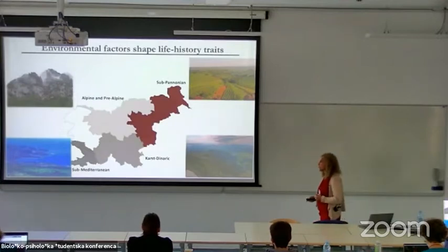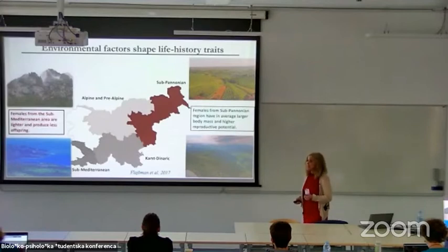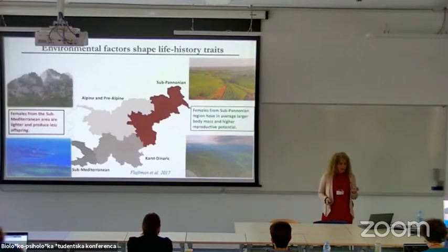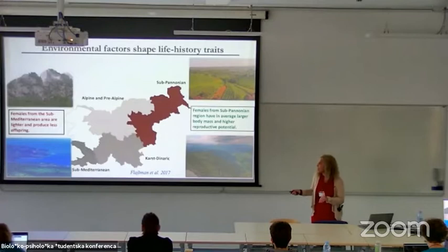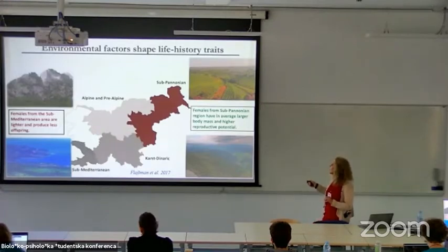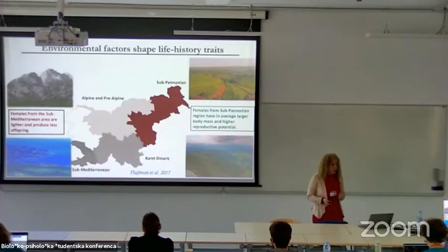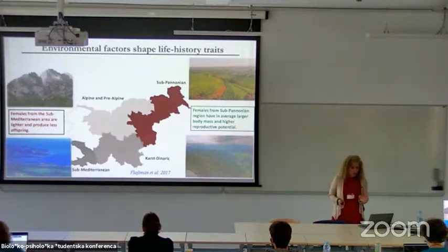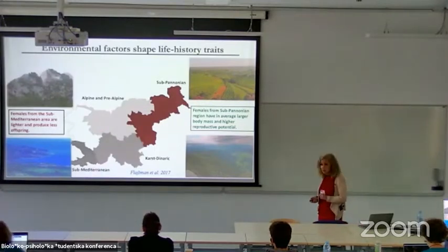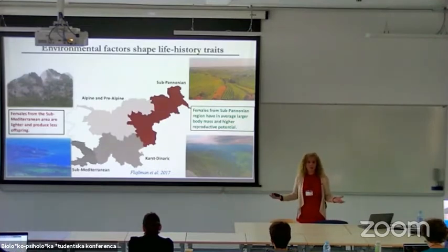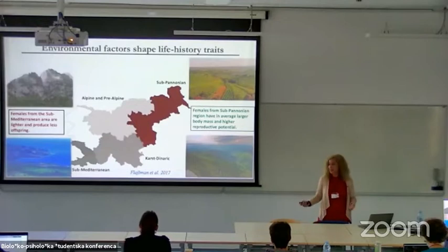And this was even noticed by our colleagues, that the females in the sub-Mediterranean area are lighter and produce fewer offspring compared to the females from the sub-Pannonian region, which have on average larger body mass and higher reproductive potential. And they asked us, do you think that there should be some genetic background to these differences?